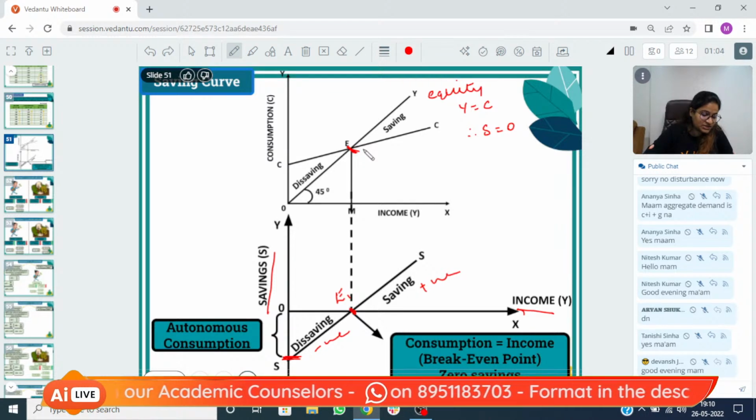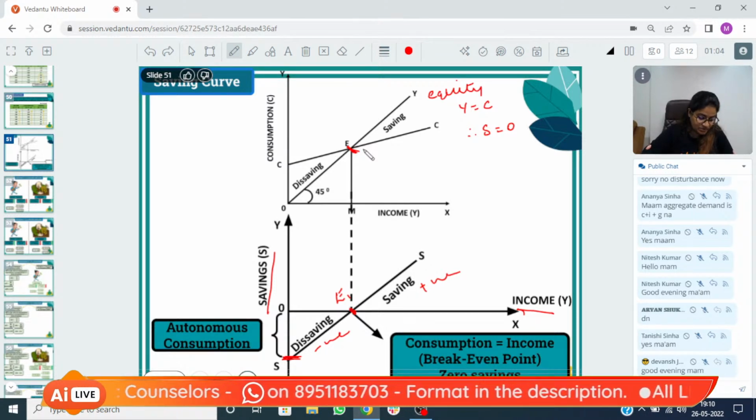Chalo, everybody start drawing quickly. Chalo, 3 minutes for this. Quickly.